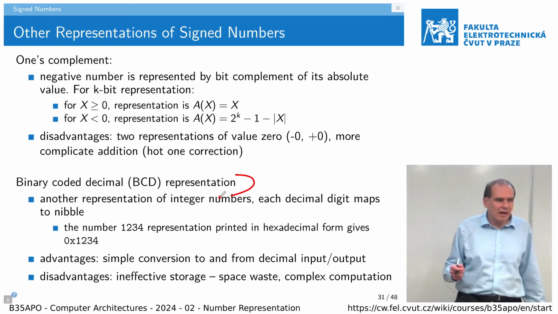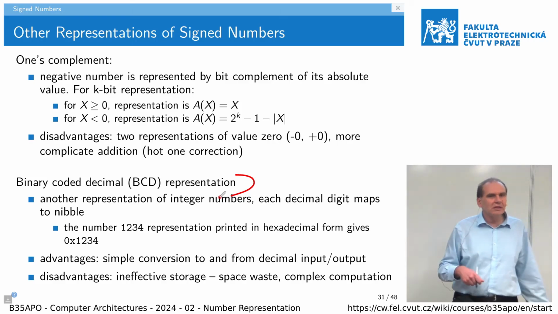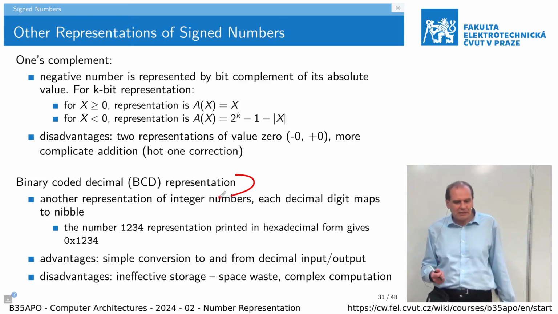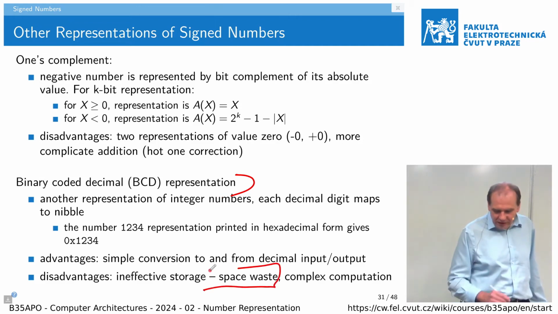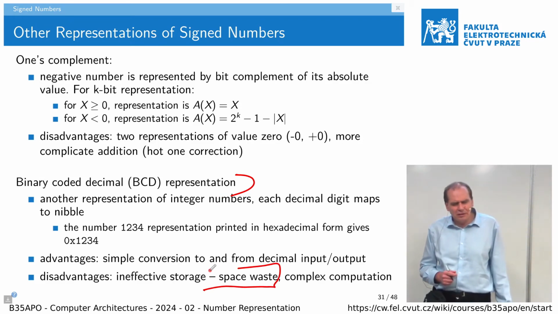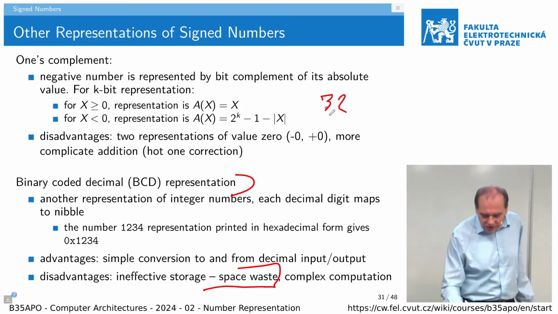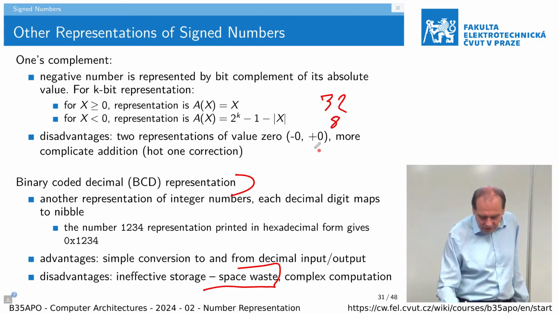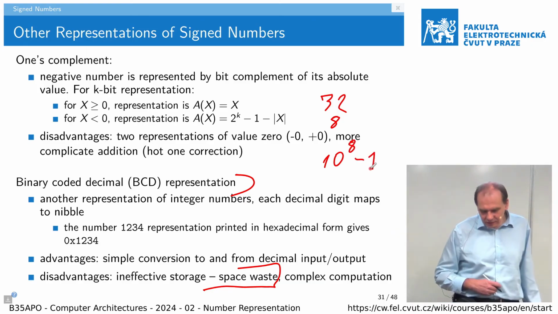Then there is another representation, for example binary coded decimal, where you store decimal values directly in 4 bits. It has the advantage that you do not need conversion between the decimal and binary system, but it wastes space, because in 32 bits you fit only 8 digits, so at most 10 power 8 minus 1.